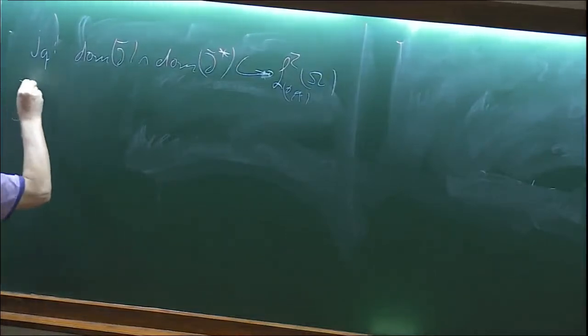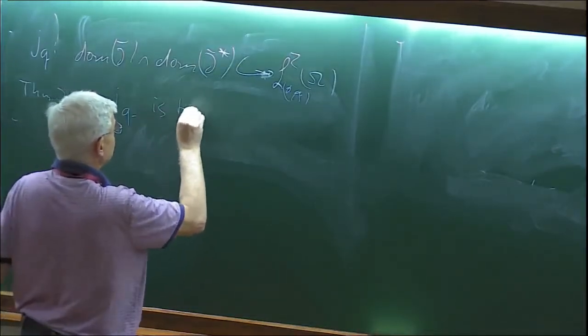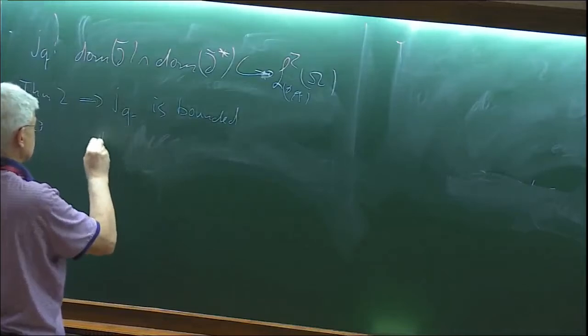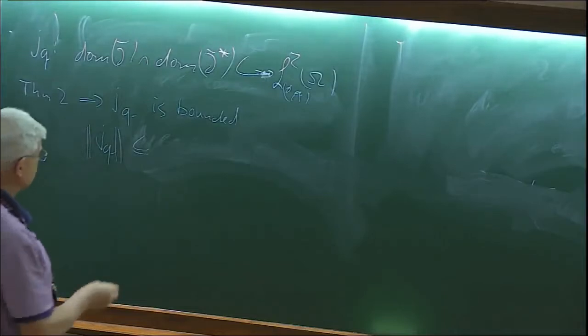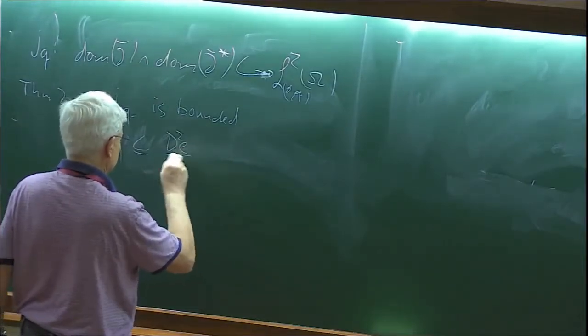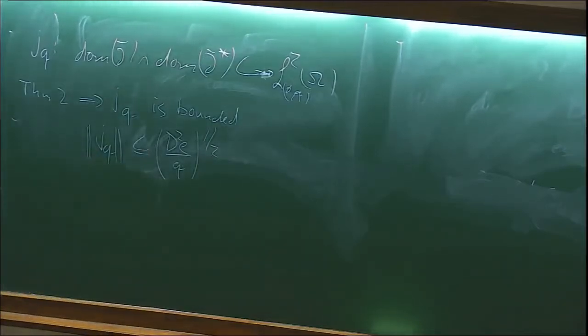Then theorem 2 just says that J Q is bounded, right? And the norm of J Q is less than or equal to, what is it, d squared E over Q, I guess, square root of that, right? Yes, I think so. So at this point, what that norm is is not that important. The crucial thing in theorem 2 for our purposes is that J Q is bounded.